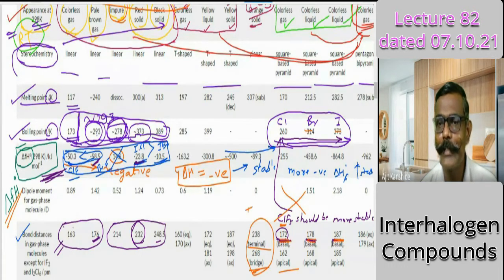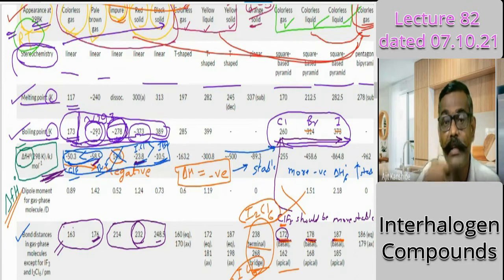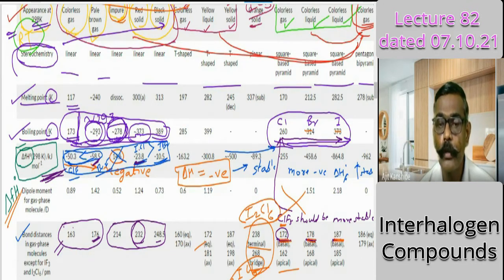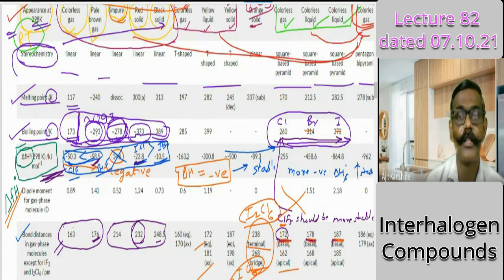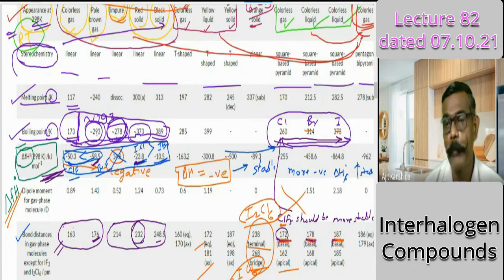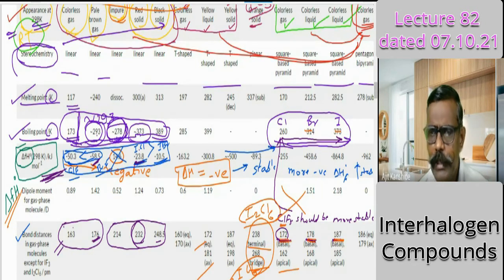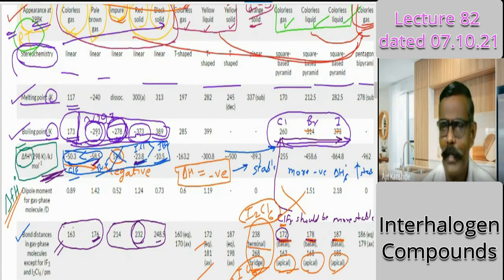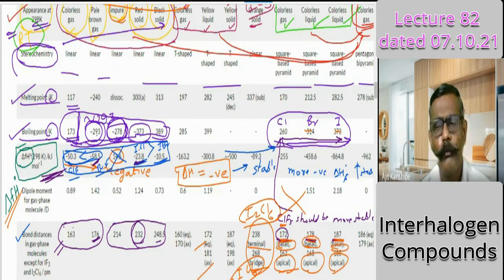Because it is a separate kind of interhalogen they have considered, I2Cl6, which is formed from 2ICl3. So there, like B2H6, it remains the bridged kind. Otherwise, equatorial and axial, such kinds of nomenclature you will find. About ClF5, in spite of apical, we can say it is axial also. There is no question. And in spite of basal, one can say equatorial. Molecular symmetry will allow us to consider those things.